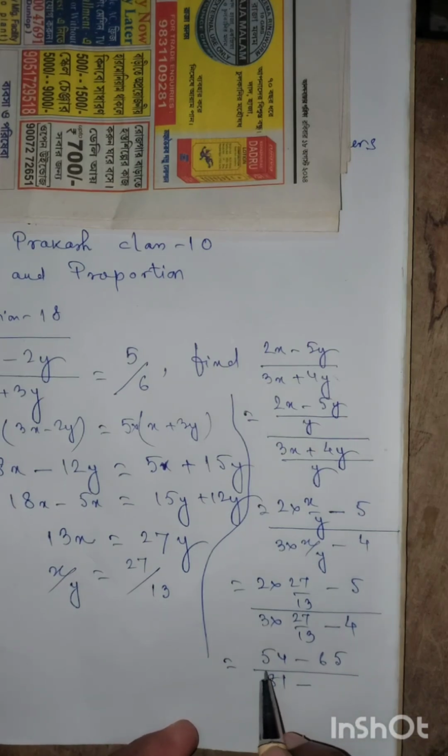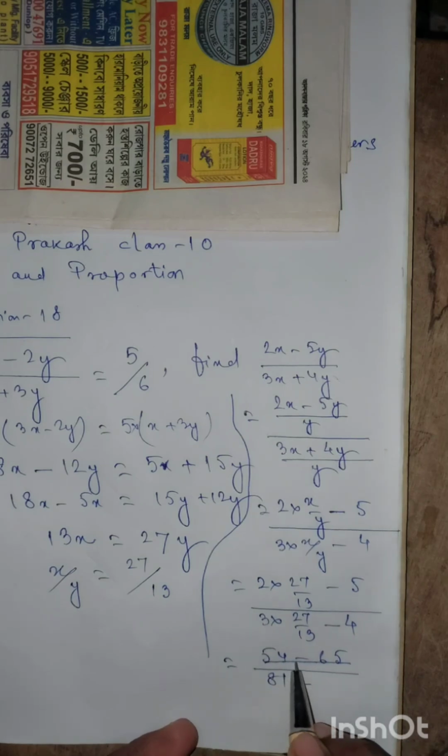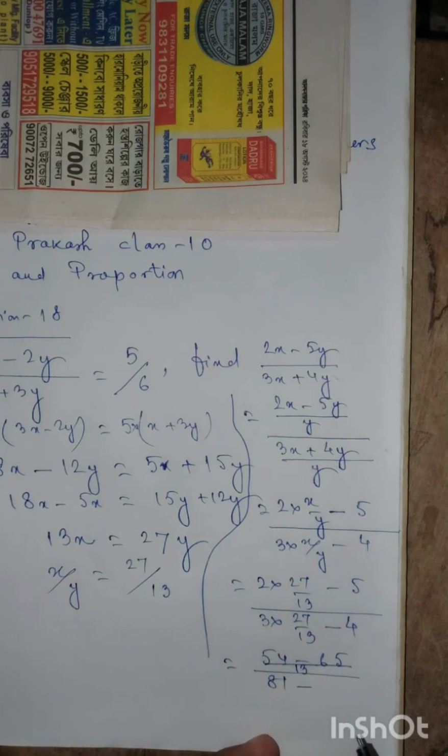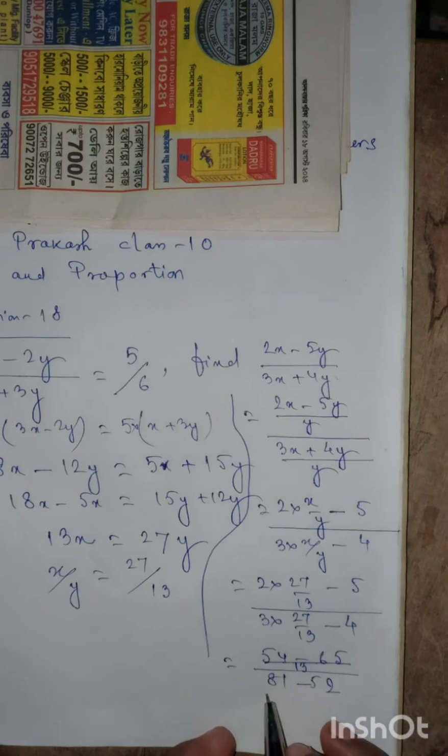So this thing by 13, 81 minus, so 13 and 13 can be cancelled.